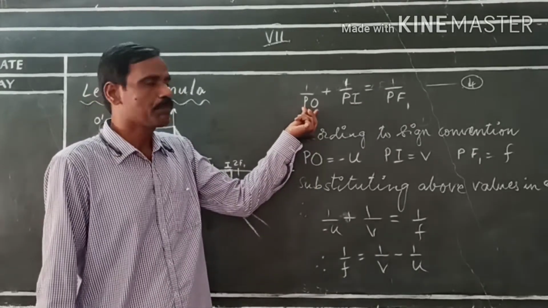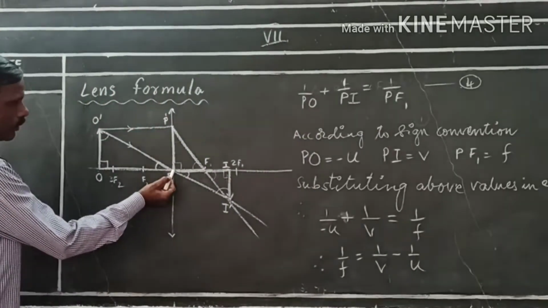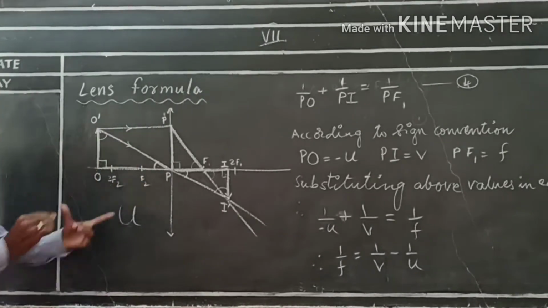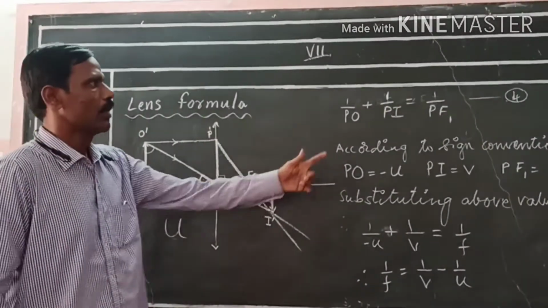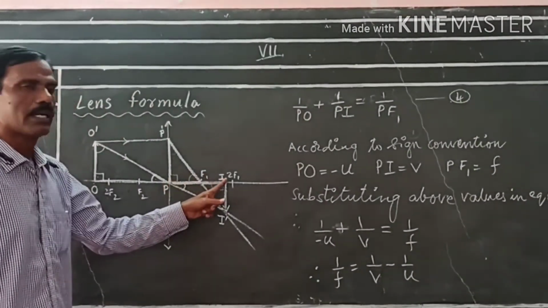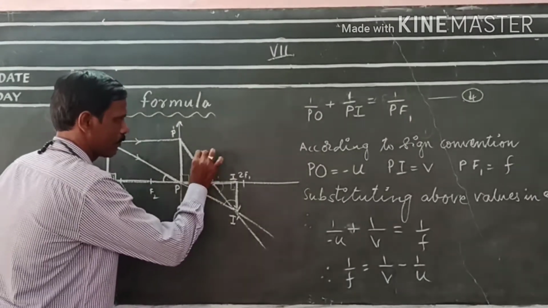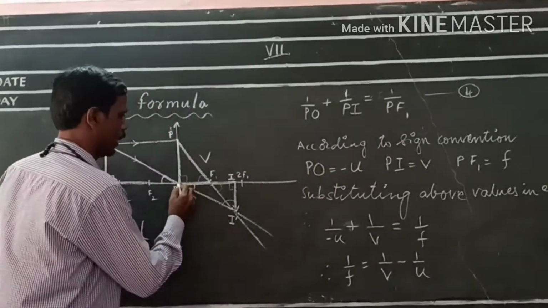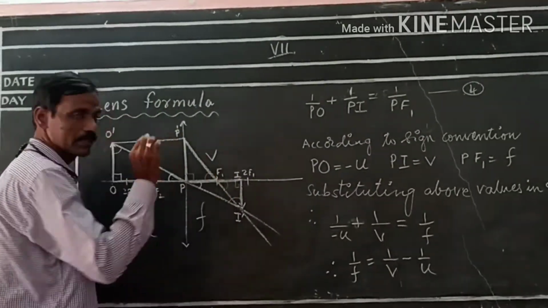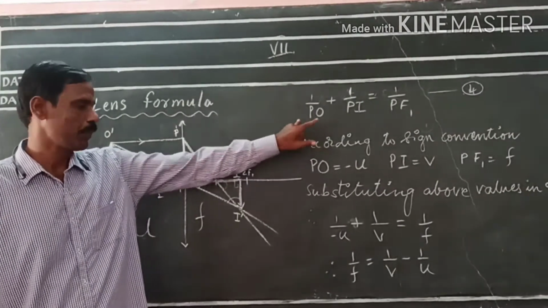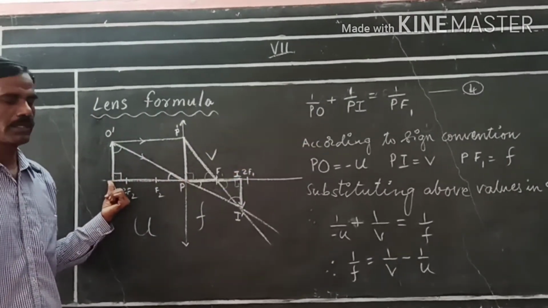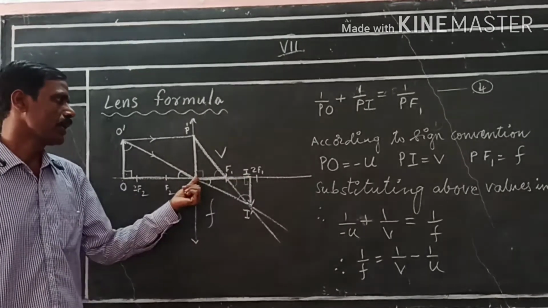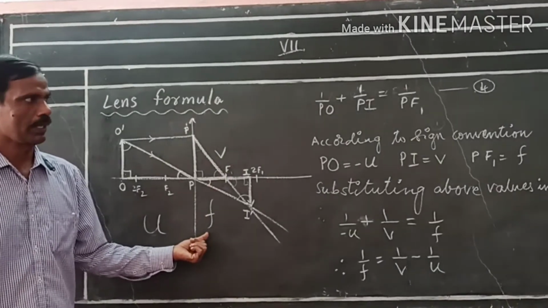Now, what is PO? PO is nothing but the object distance, generally represented by U. PI is the image distance, generally represented by V. And PF1 is the focal length, generally represented by F. Here, PO is the object distance, PI is the image distance, PF1 is the focal length.